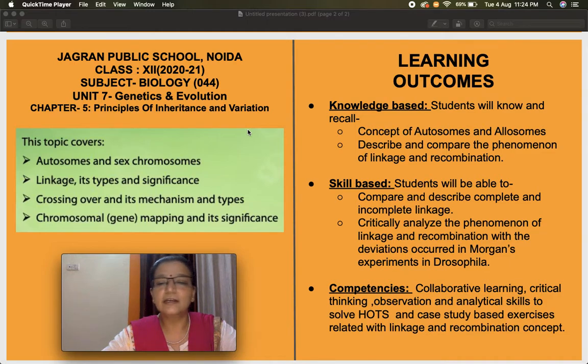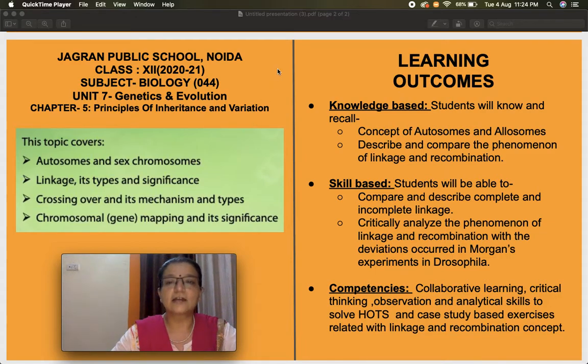You will be able to critically analyze the phenomenon of linkage and recombination with the deviations occurred in Morgan's experiment in Drosophila melanogaster. Side by side, the competencies that you can inculcate are collaborative learning, critical thinking, observation and analytical skills to solve various types of HOTS and case study based exercises related with the linkage and recombination concept.